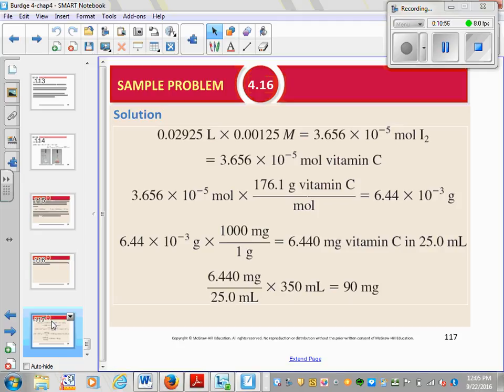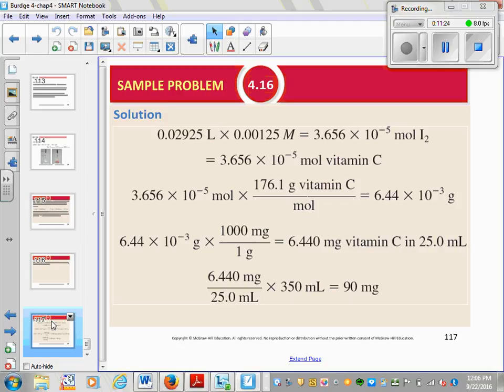That were in that 25 mL. So I go to the mass, moles to mass, again, stoichiometric roadmap. It turns out to be 6.44 times 10 to the minus 3 grams, or 6.440 milligrams of vitamin C. What was the volume of the solution that we titrated? 25 mL.